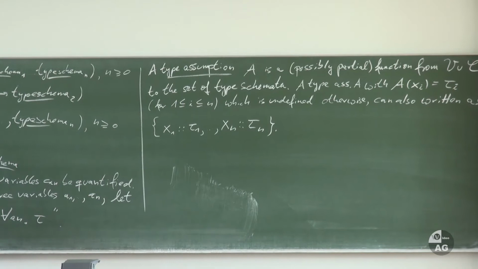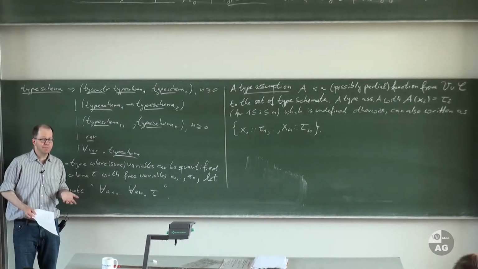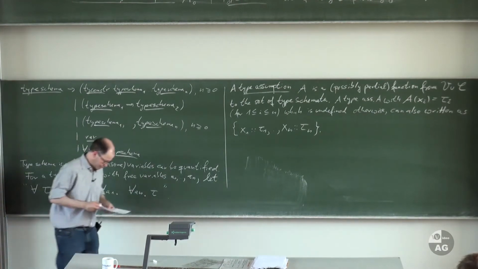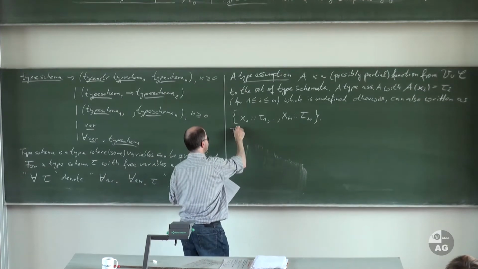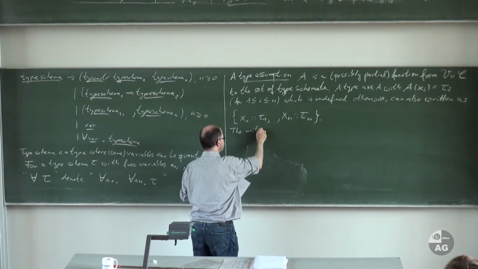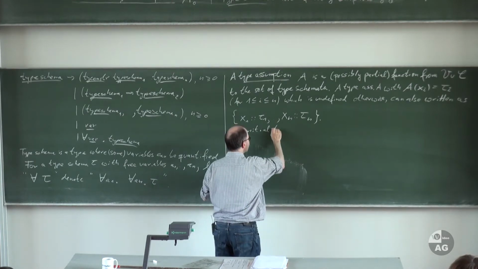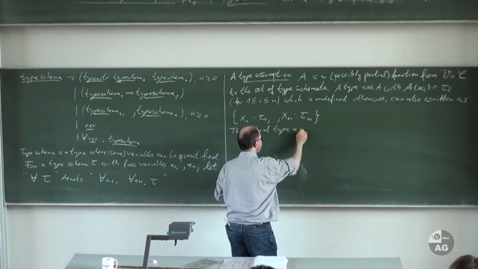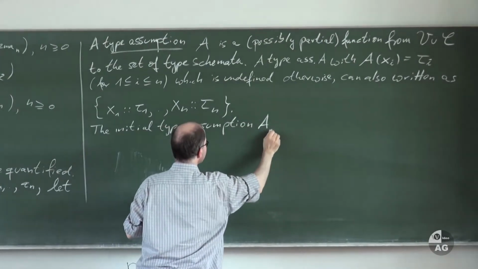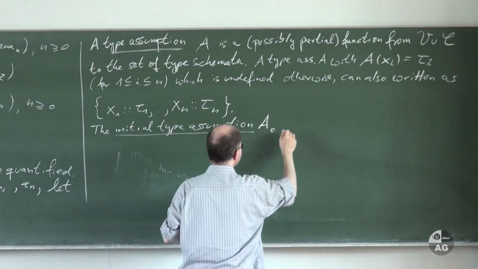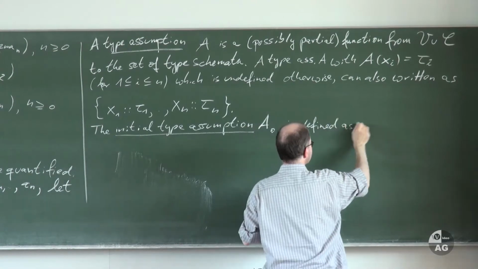And we start with an initial type assumption. This initial type assumption tells us the type schemata of predefined operations and of variables. The initial type assumption A0 is defined as follows.